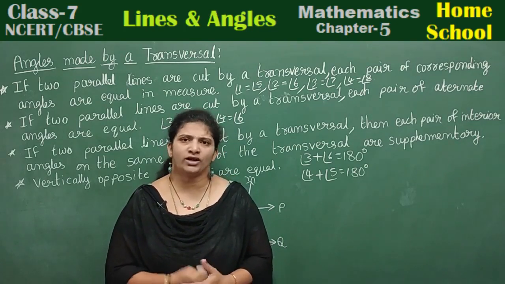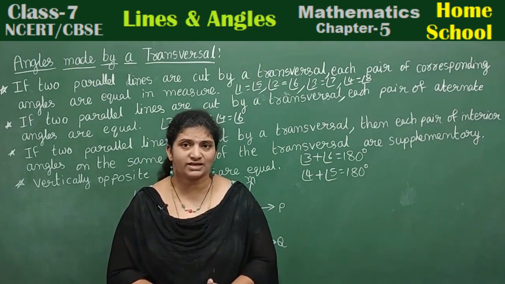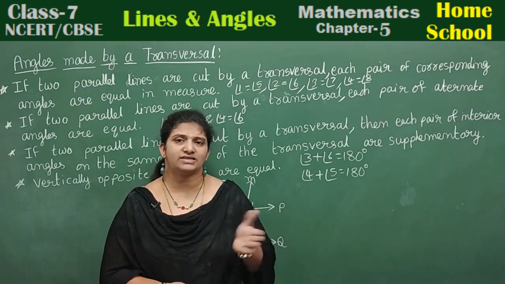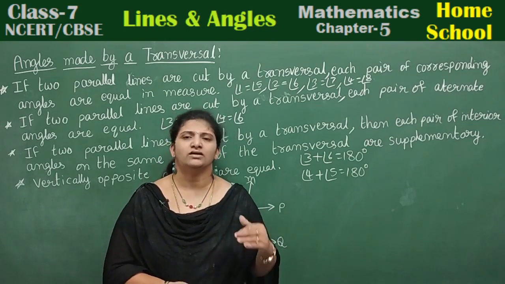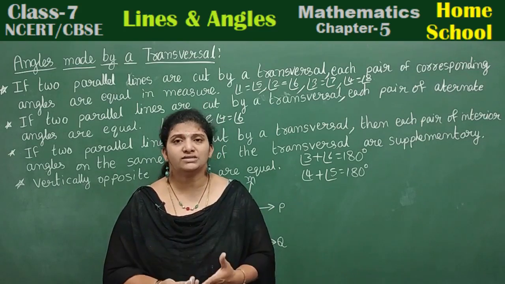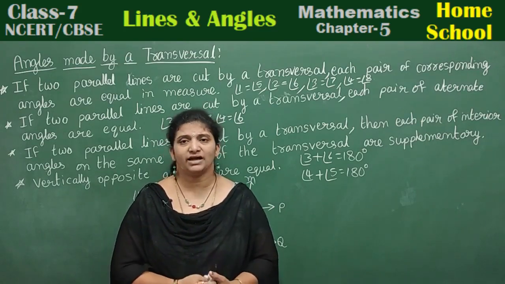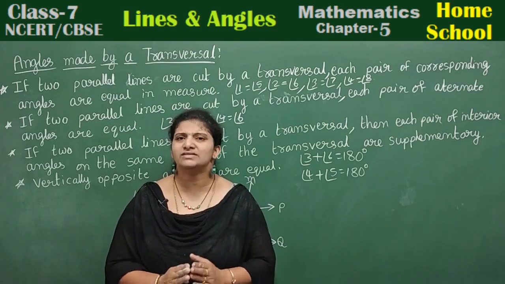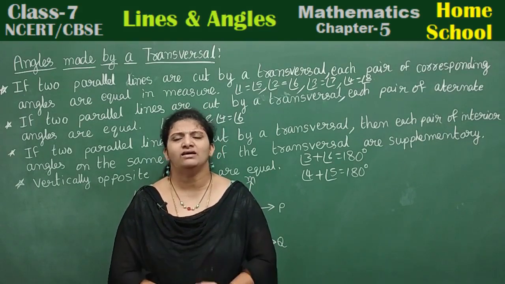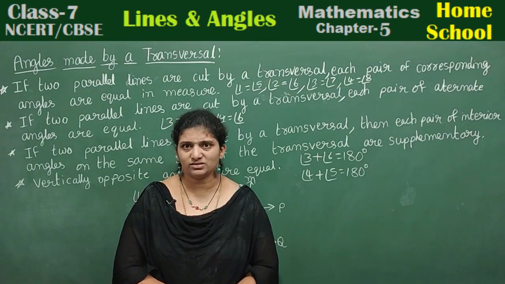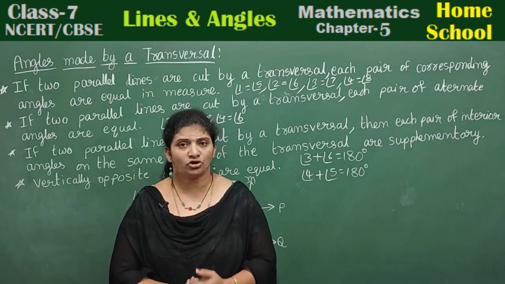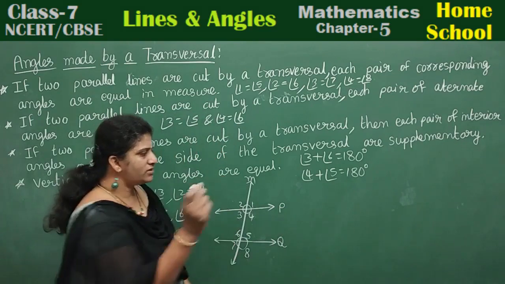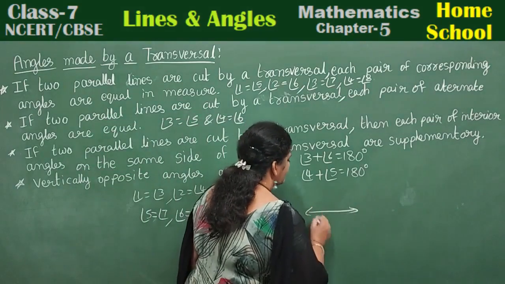So today we have seen all the types of angles formed by a transversal. We have seen adjacent angles before, and now corresponding angles, alternate angles, pair of interior angles on the same side, exterior angles, the sum of the interior angles on the same side, and vertically opposite angles. So children, try to understand by drawing many lines and transversals. If you are able to draw and identify all the pairs of angles, suppose you take an example like this.